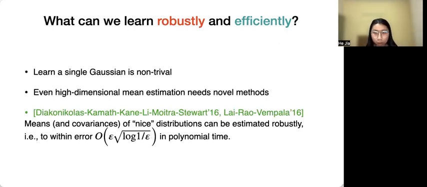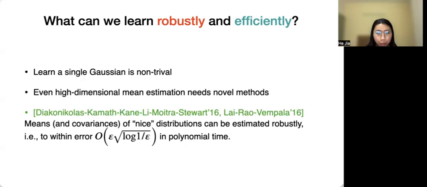For example, learning a single Gaussian robustly in high dimension is non-trivial, and even high-dimensional mean estimation needs novel methods. Two groups worked on this problem at the same time. One is Diakonikolas, Kamath, Kane, Li, Moitra, and Stewart. The other is Lai, Rao, and Vempala.